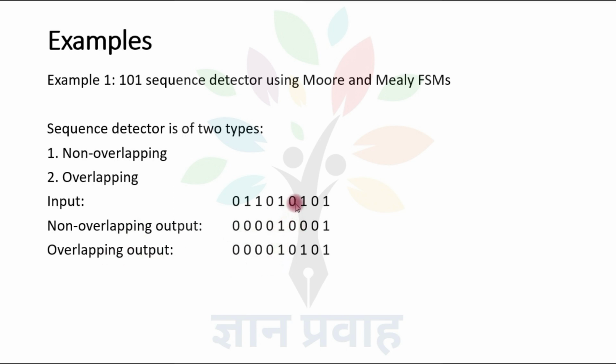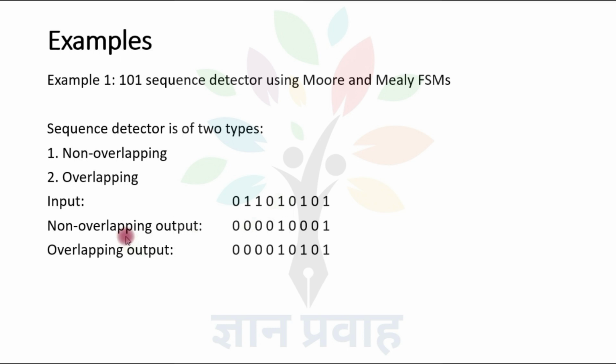When the next sequence bit for the input signal is 0, then the 3-bit sequence is 0 1 0. It means the output is 0 for both cases, 0 and 0. When the input sequence bit is 1, then the last 3-bit sequence is 101.